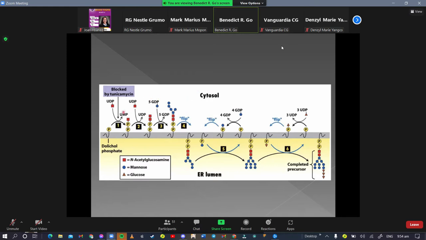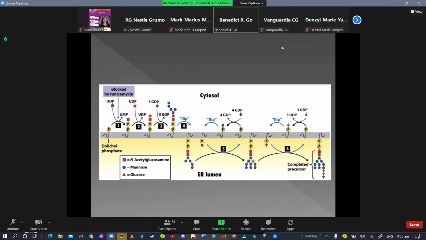Okay, so steps 1 to 4 occur in the cytosol. In step 5 and further elongation, the dolichol phosphate will acquire mannose from the cytosol and flip it into the ER lumen, contributing to the elongation of the terminal oligosaccharide chain. And it does this several times until you get purely mannose.